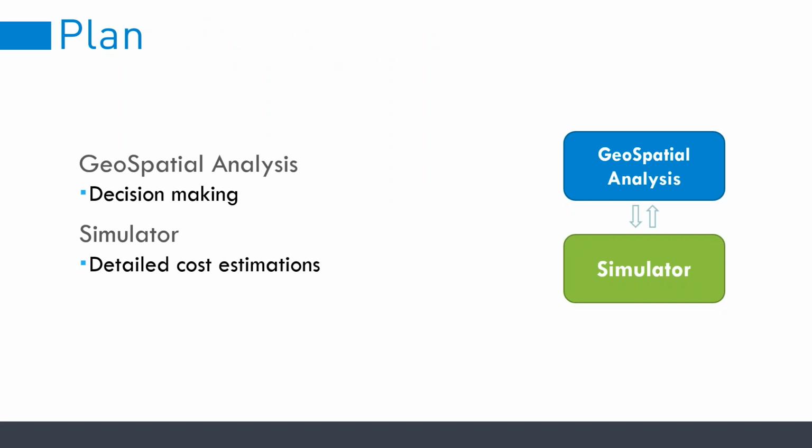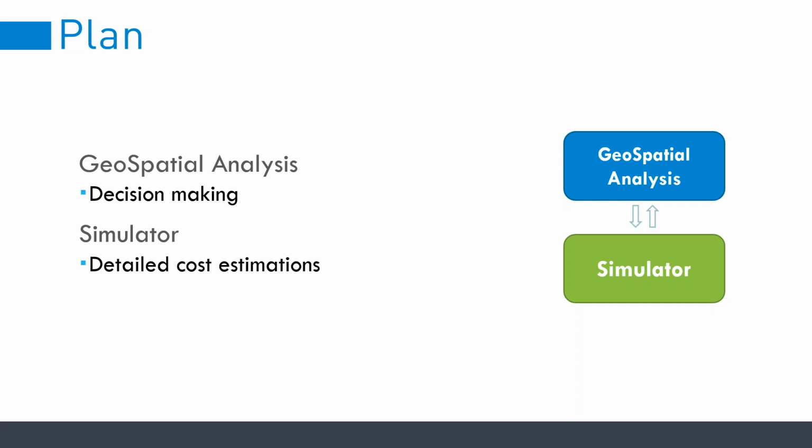Now, like I said, the first stage is the planning stage, strategic planning, and for this we use both simulator and geospatial analysis. So simulator is really focusing on providing detailed cost estimation. It's a completely automated solution that determines the costs based on a real plan, a real design that is being done on the GIS data.